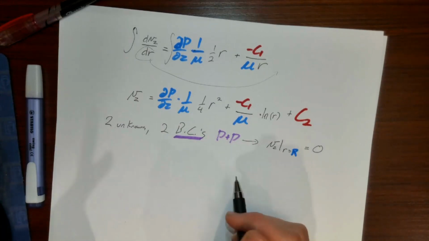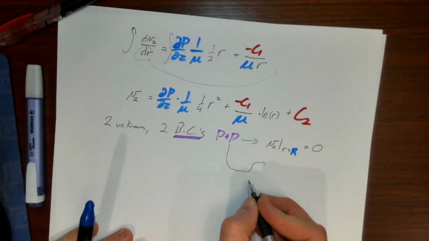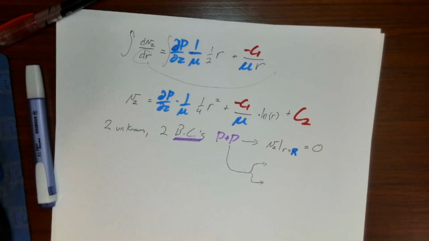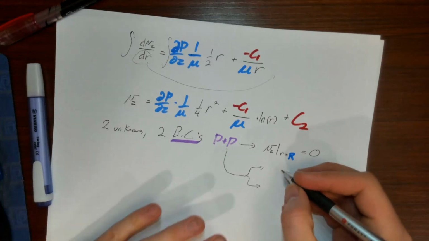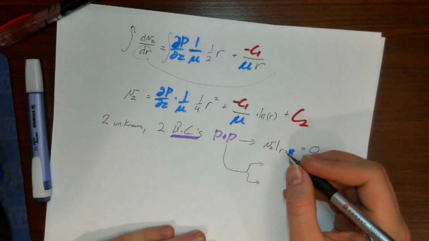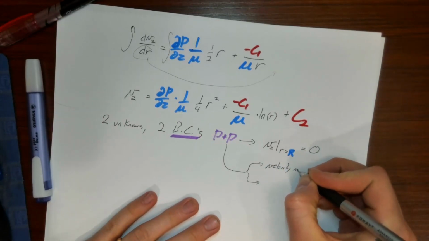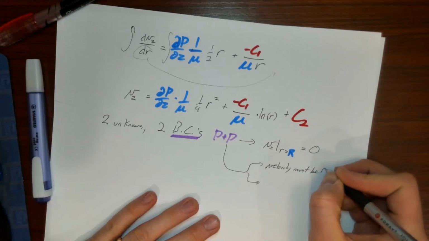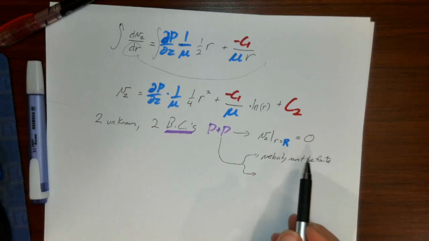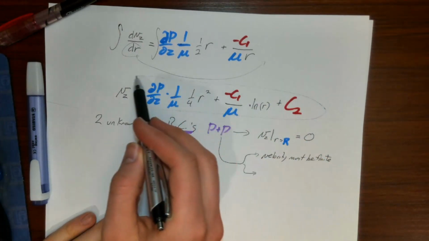The other boundary condition is a little bit trickier, and it could take sort of two forms. One form is that velocity needs to be finite. There's no such thing as an infinite velocity. So velocity must be finite. And what about this equation is potentially problematic?